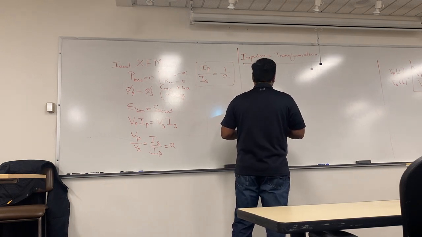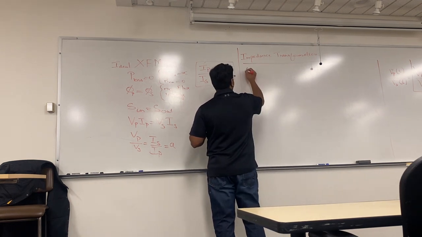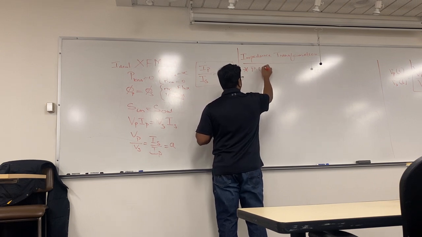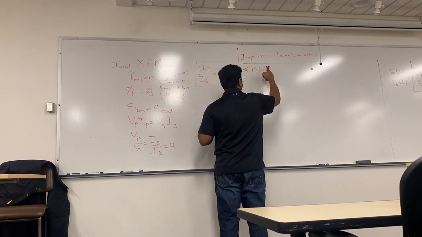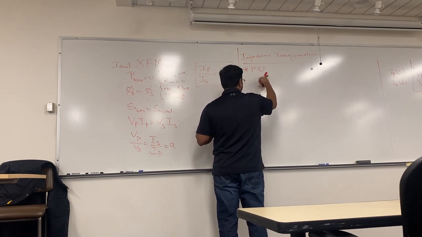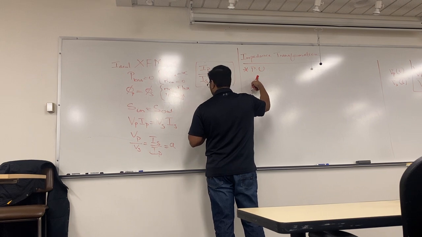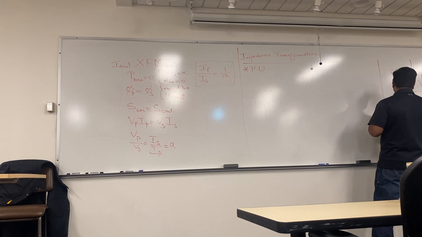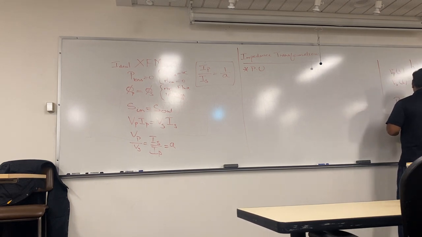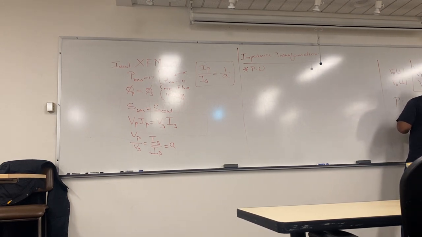This technique will come into play again when we deal with per unit, your friend from last time. If you don't understand impedance transformation, then calculating the per unit is going to be really difficult. For those of you wondering what per unit was, it's the actual value, the value you have been assigned to measure or determine, divided by a base value which you get to choose.